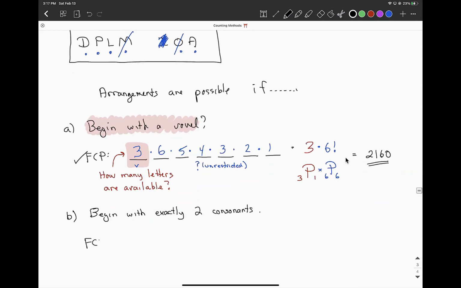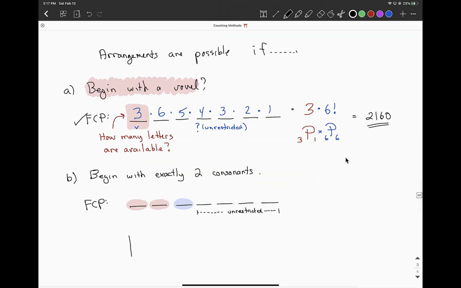As I go to set up my fundamental counting principle, 1, 2, 3, 4, 5, 6, 7, I am absolutely concerned about what's going to show up in the first spot and the second spot and the third spot. It's not until the 4th letter that I can let my guard down and say, well, whatever's left at that point will be completely unrestricted. But I very much have 3 important things to talk about at the beginning.